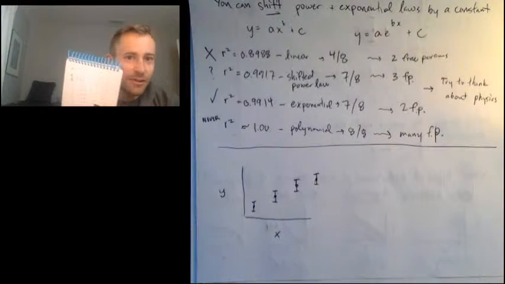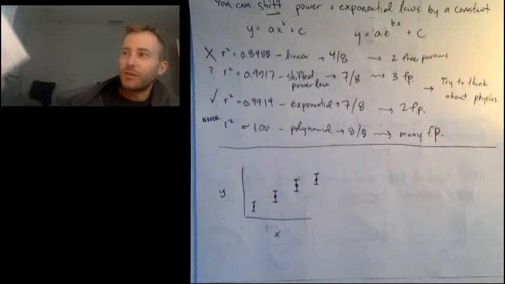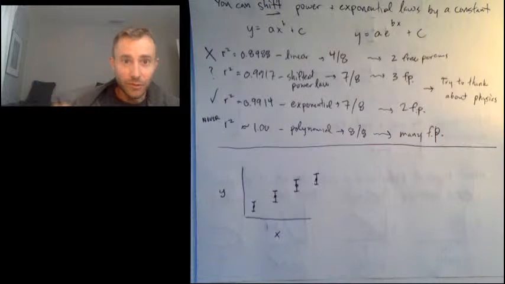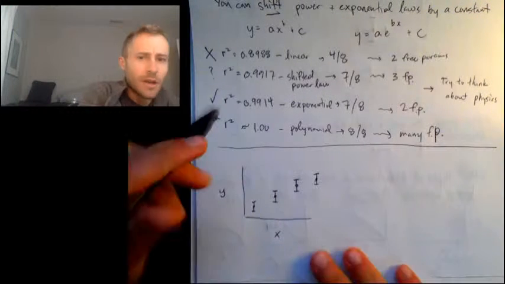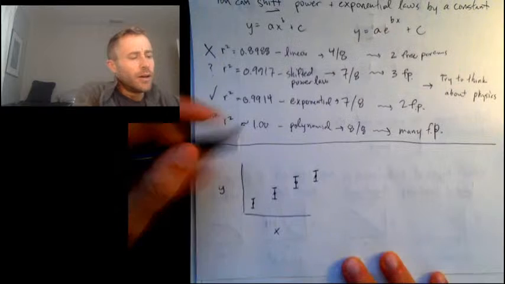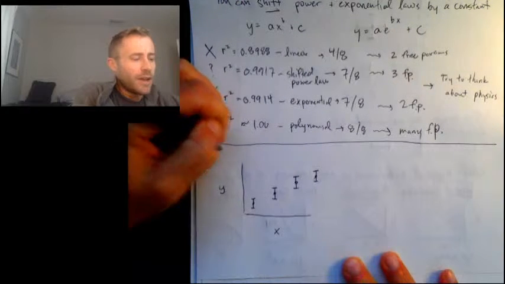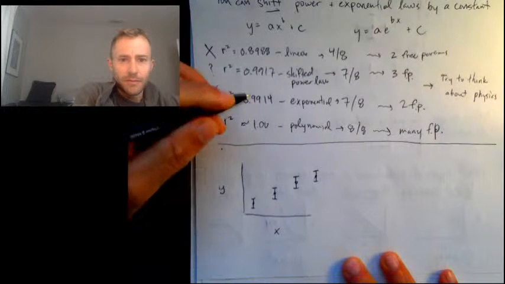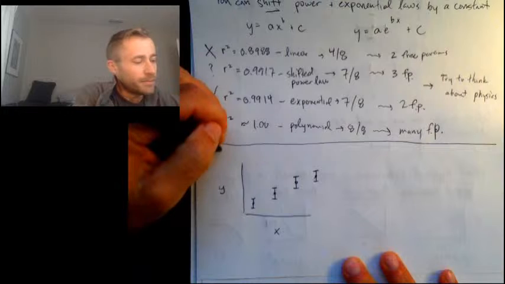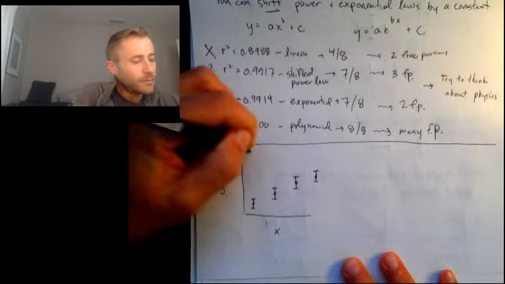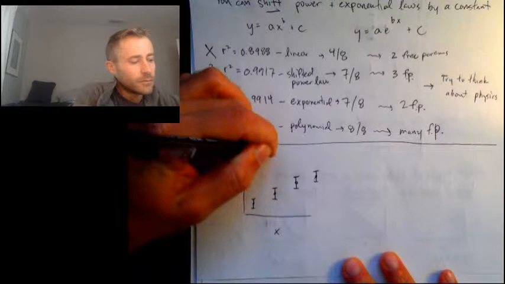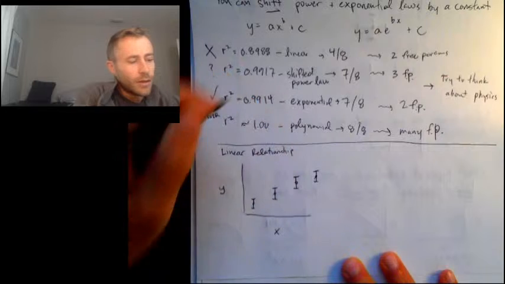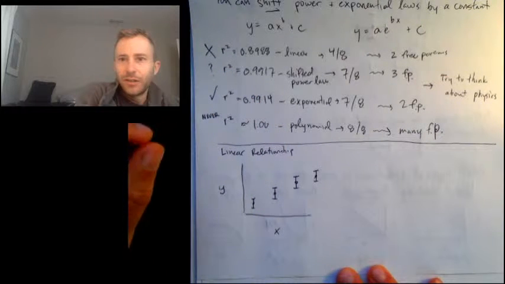But then I added random numbers to it to sort of make it look like it was real experimental data. So what if you have a linear relationship?